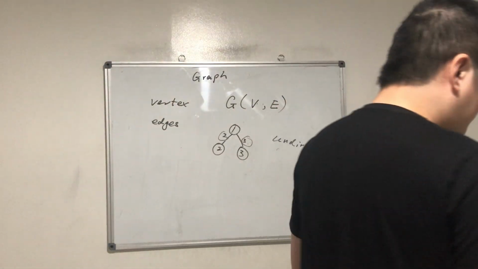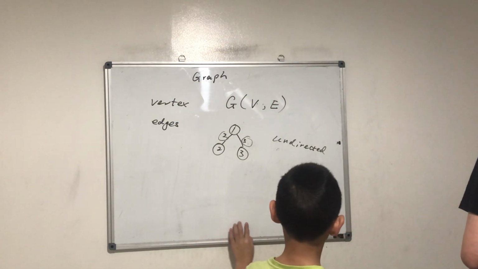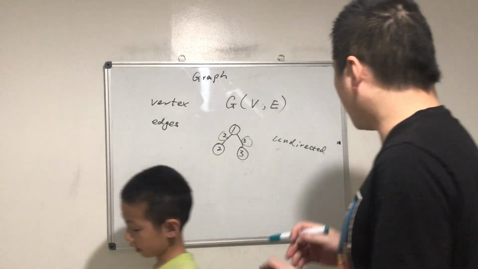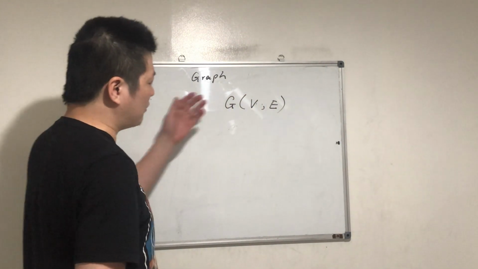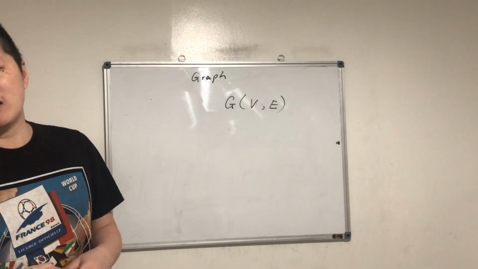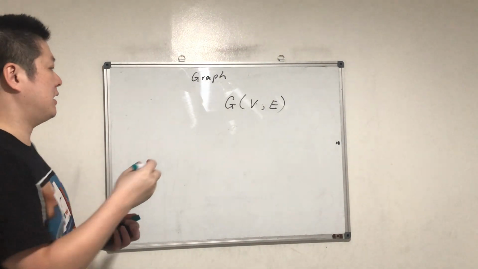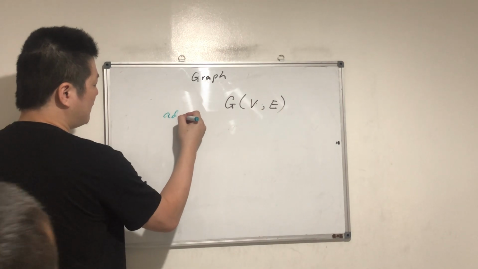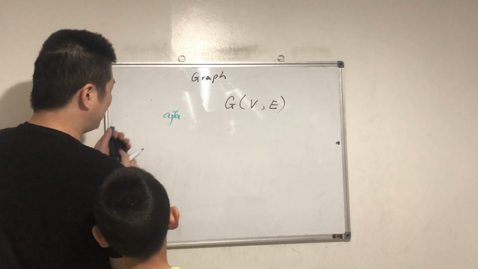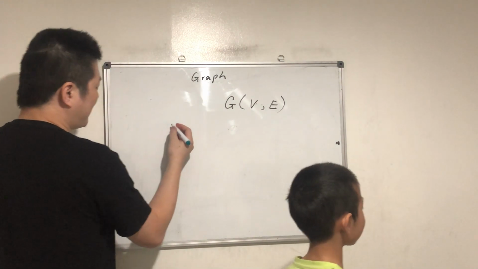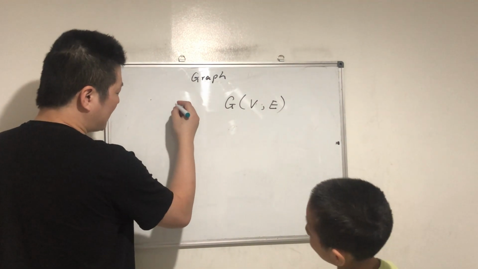Okay, so today, listen up. Given the graph in adjacency list form. How do you spell this one?